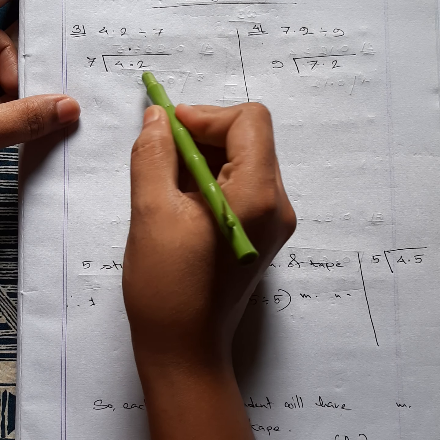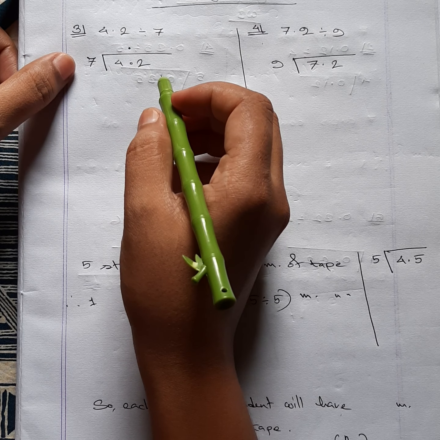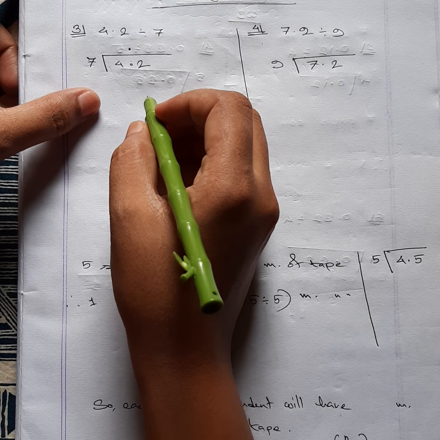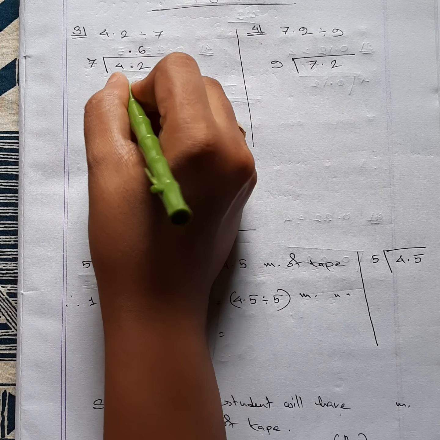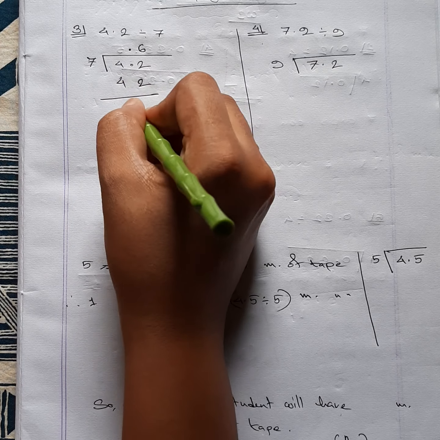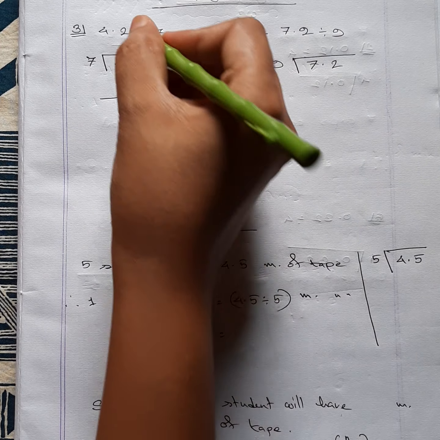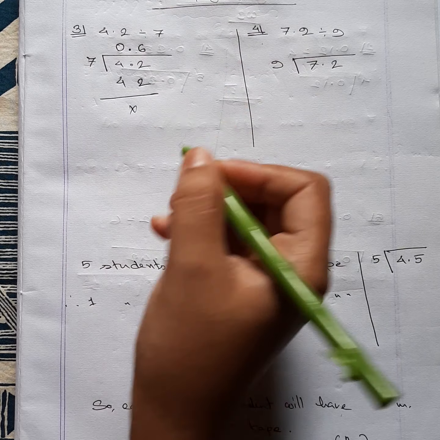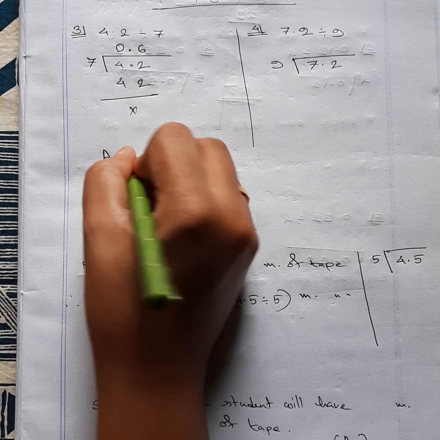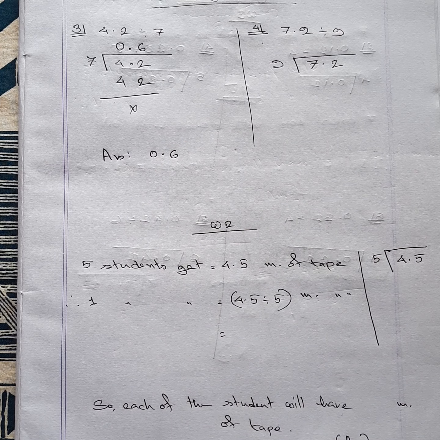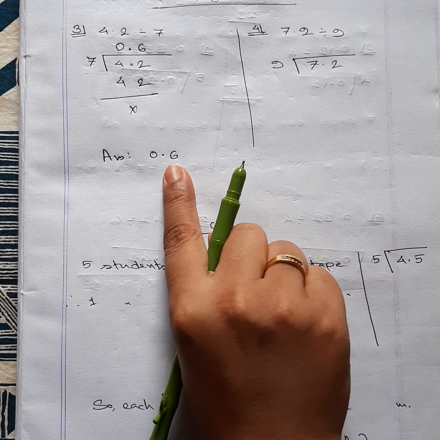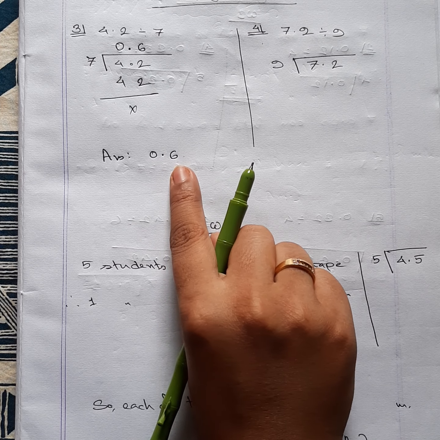Now the number becomes 42, and 7 divided into 42 is 6 times, yes, 6 sevens are 42. So this is your math done over here. Don't forget that. Now your answer is 0.6. There is 1 decimal number over here, only 1 digit after the decimal.